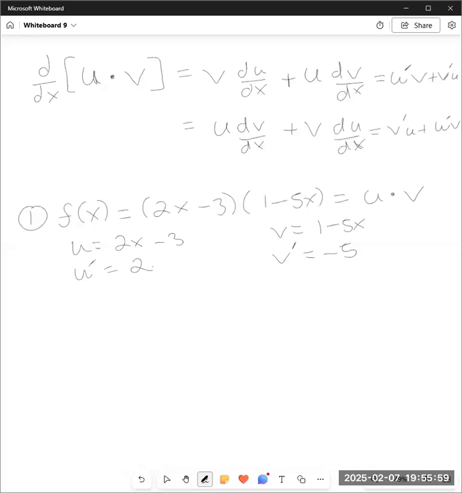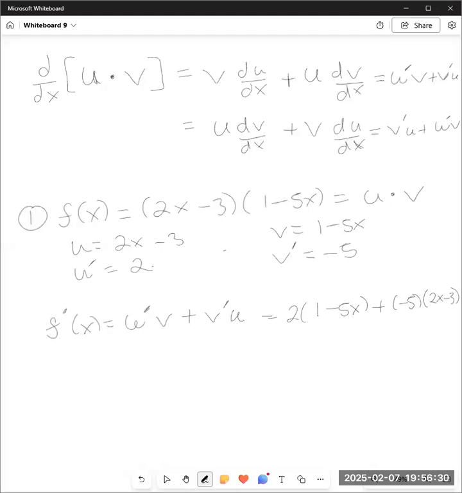So I'm going to take the product this way. F prime of x is going to be u prime v plus v prime u. This way that I wrote it up here is 2 times 1 minus 5x plus a negative 5 times 2x minus 3, just this product plus that product.